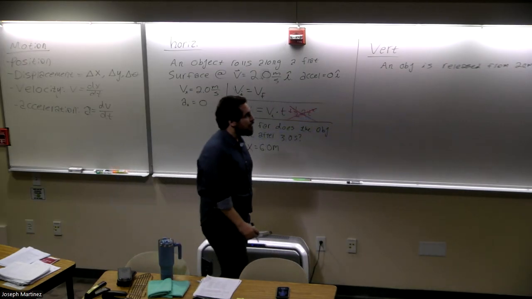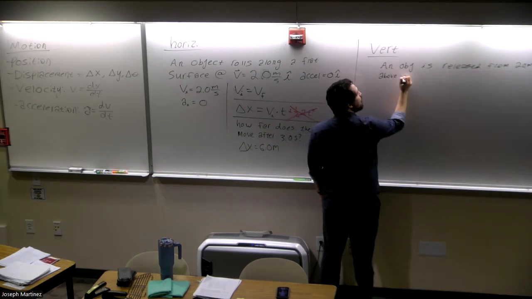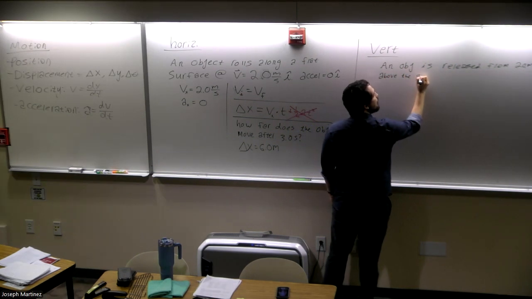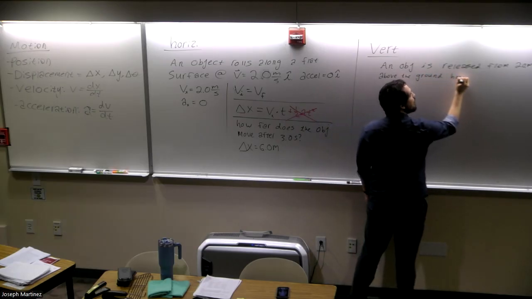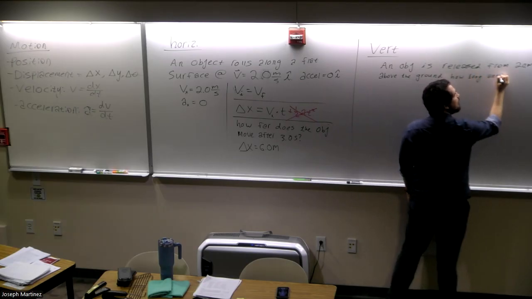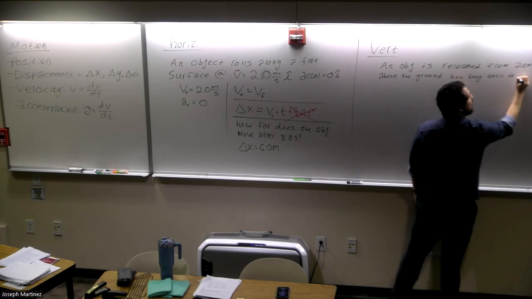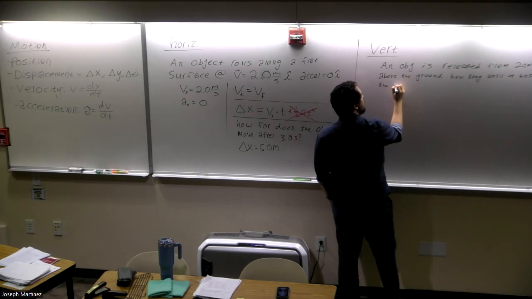An object is released from 20. meters above the ground. How long until it hits the ground?